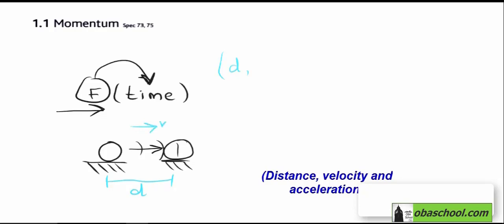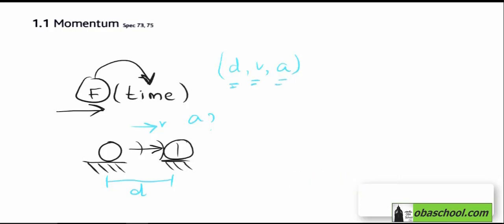We also used to take into consideration the velocity or speed, and we also used to consider acceleration. But there is also another way, which is studying momentum, which is exactly what we are learning in this chapter.